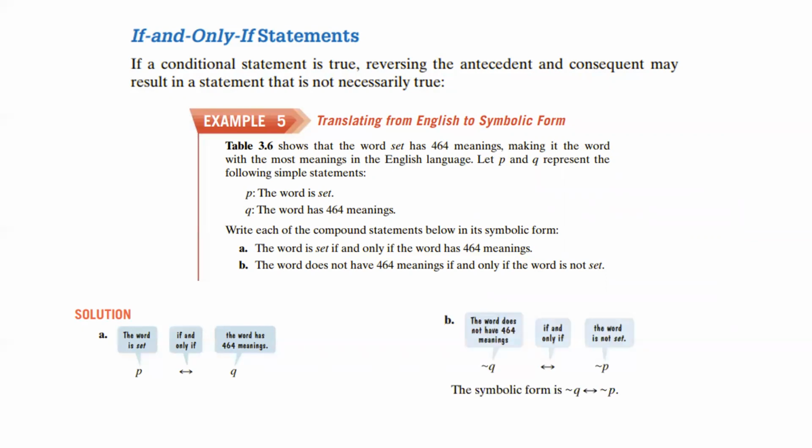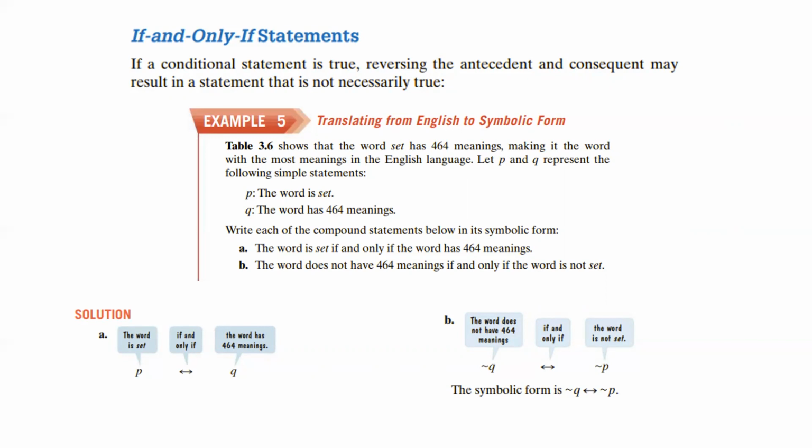So we could also do the negation. The word does not have 464 meanings if and only if that word is not set. So we would do tilde Q, arrows both ways, tilde P. In this case, order does not matter. Honestly, for every compound statement we've seen in this section, and, or, if and only if, order doesn't matter.